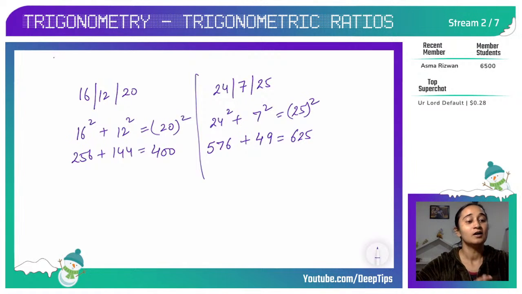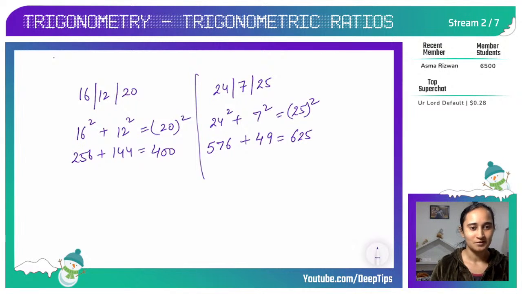Okay, so I want to tell you something about this famous mathematician. In his times, he said the two tones sound nice together if the ratio of their frequencies is a simple fraction.